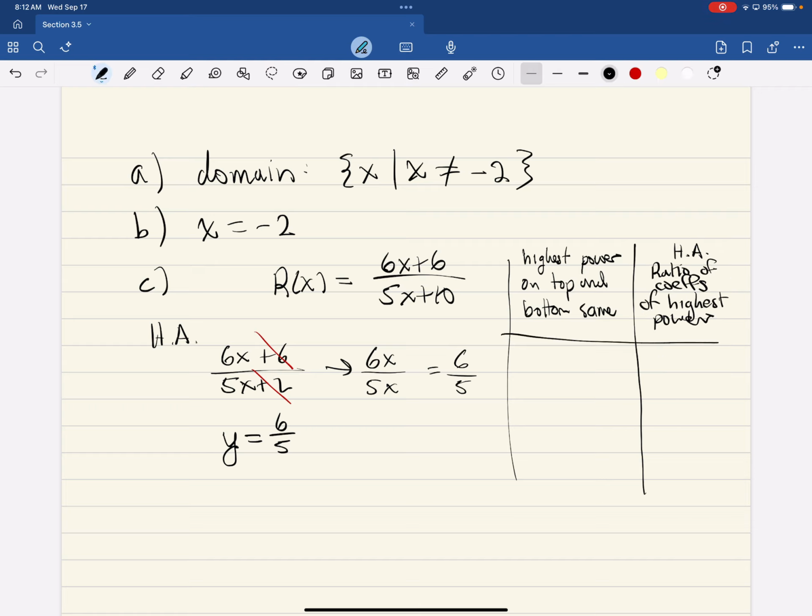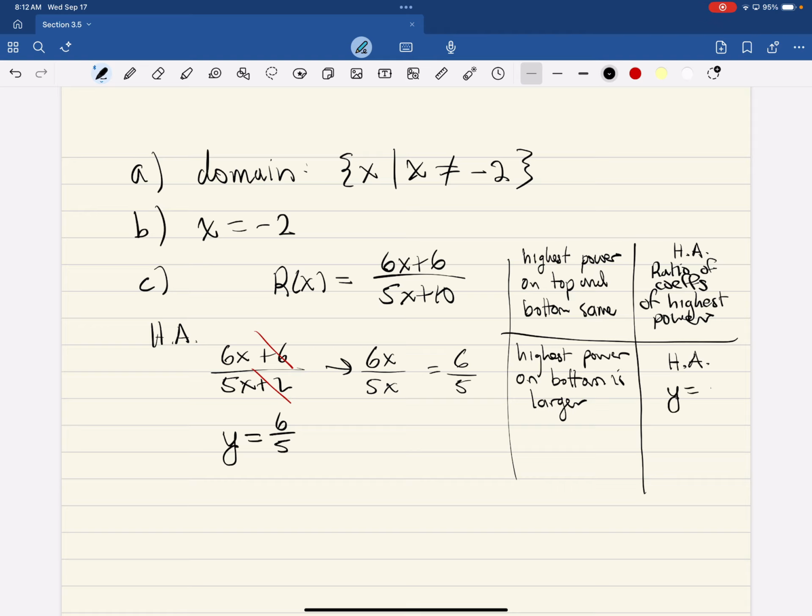Another situation would be that the highest power on the bottom is larger. And so in that case, the denominator is going to grow faster than the numerator, and you end up with a horizontal asymptote always at a height of 0.